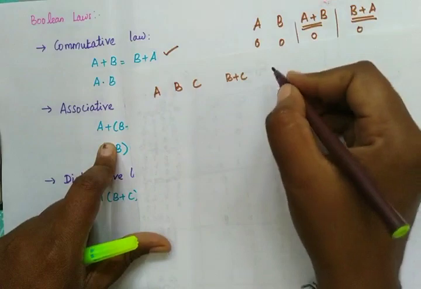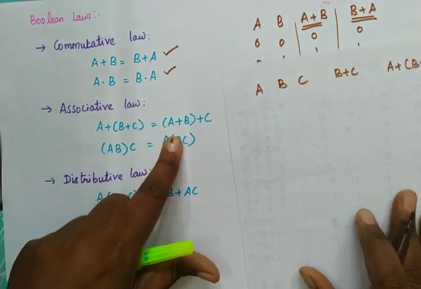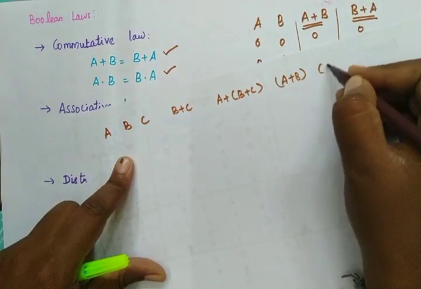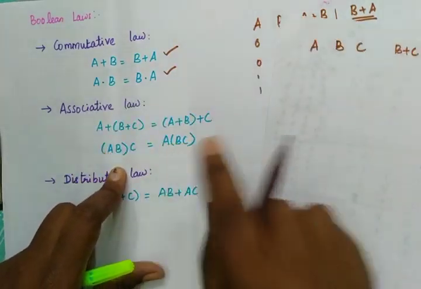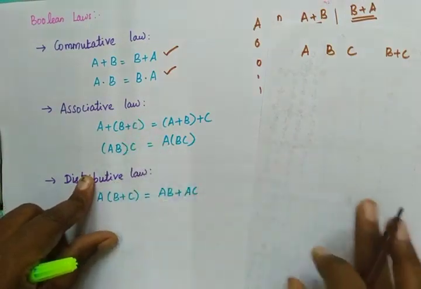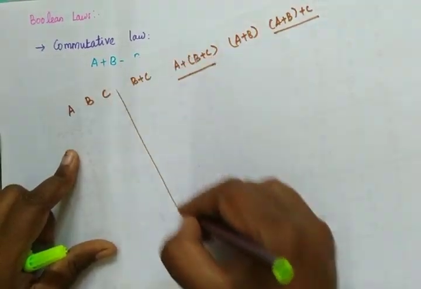The next one is a plus (b plus c). Then the next one is a plus b. Then (a plus b) plus c. So here we have to prove that a plus (b plus c) is equal to (a plus b) plus c. Here we have three variables.